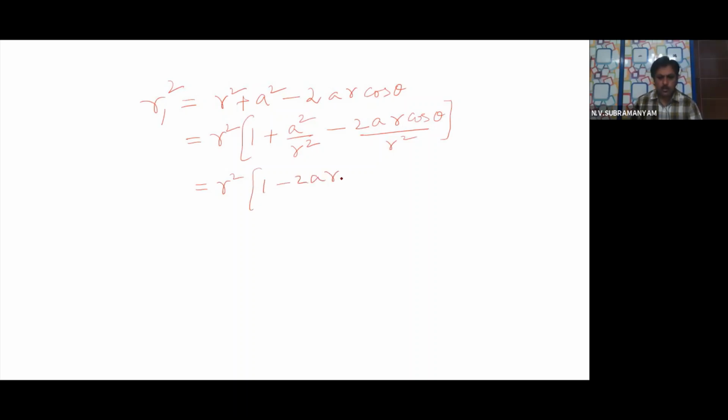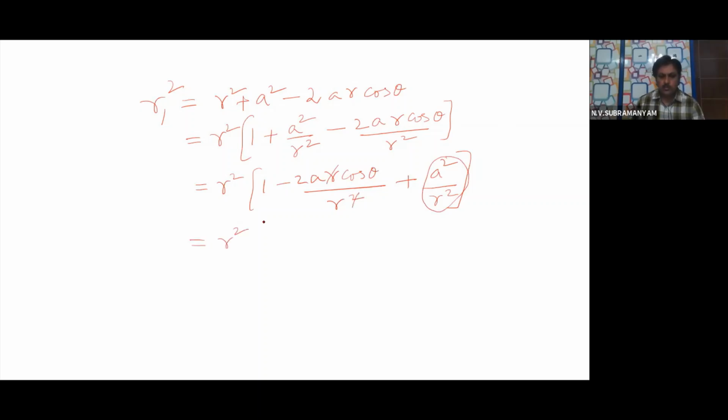This is how I wrote it in the graphic, because when you see the textbook it will be written like this, so I wanted you to relate to the textbook. Now, before that, you cancel one R here. Then what will you get?